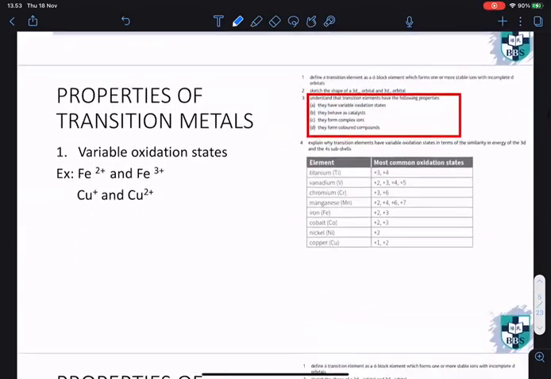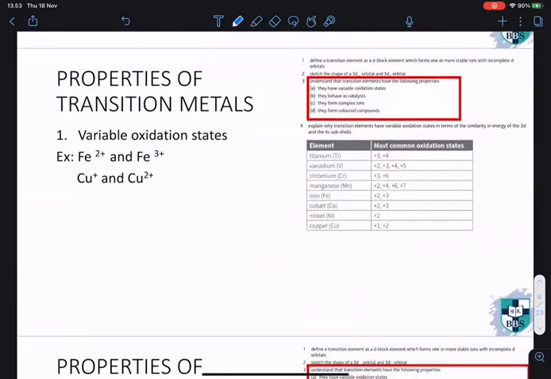Now let's look at properties of transition metal. We know what is transition metal. Transition metal is a D block element which can form one or more stable ions with incomplete D subshell. That is going to be our definition. But what is the property of transition metal? The first property is that they have variable oxidation state.